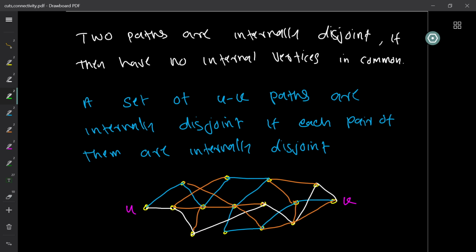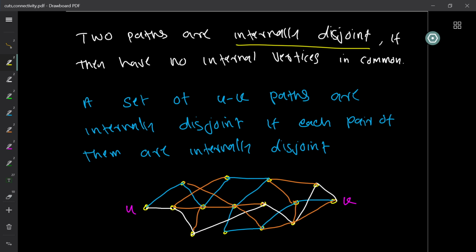Now here is another definition, right? Two paths are said to be internally disjoint if they have no internal vertices in common. What I mean by internal vertices is the vertices apart from the endpoints, right? The endpoints of the paths can be common, but other vertices cannot be common to the paths.